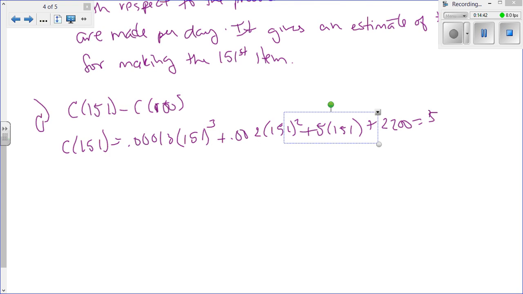And when I put that into my calculator, I will get $3,448.19.